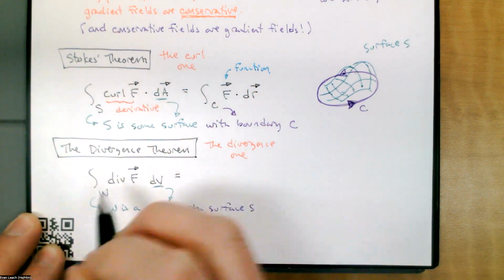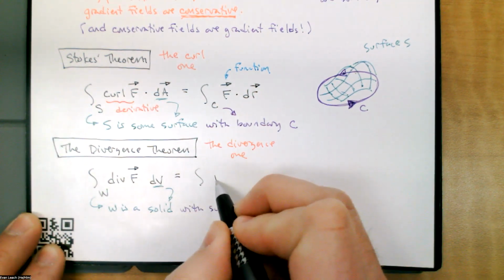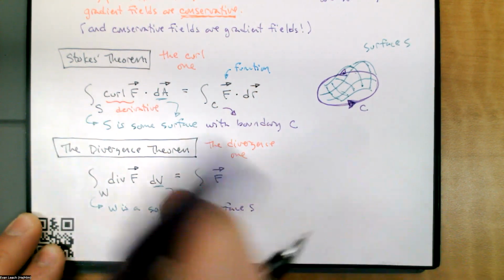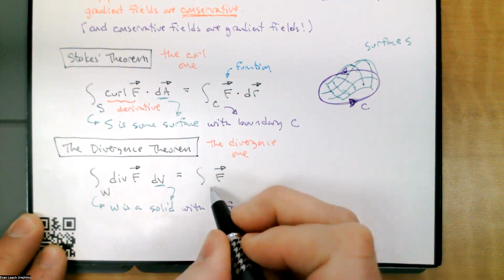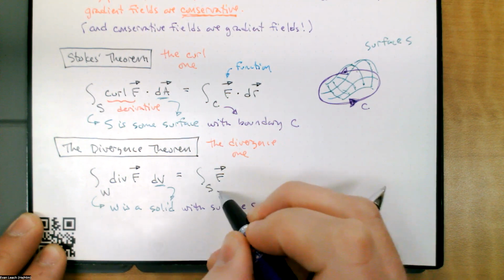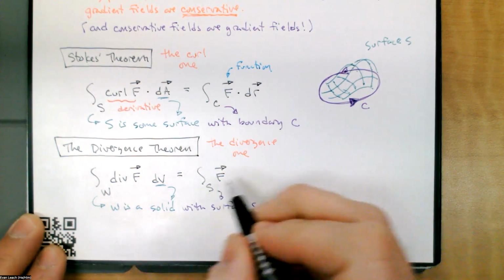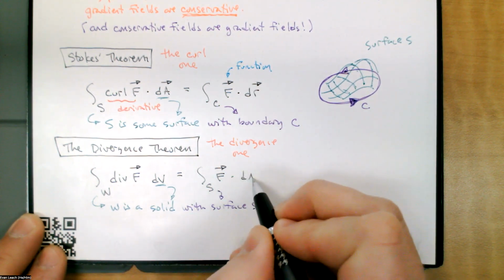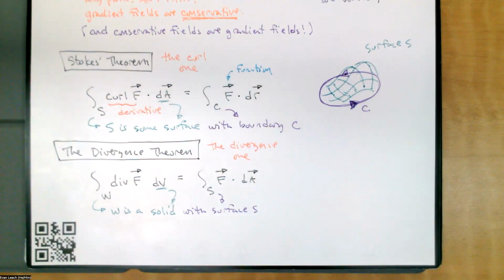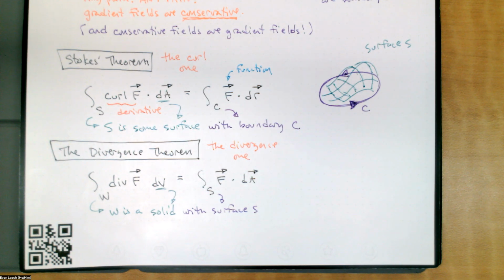And so, unsurprisingly, over here we integrate the vector field over the surface S. This is a surface integral, dot dA. Here the divergence is serving as the derivative and the vector field itself is the function.